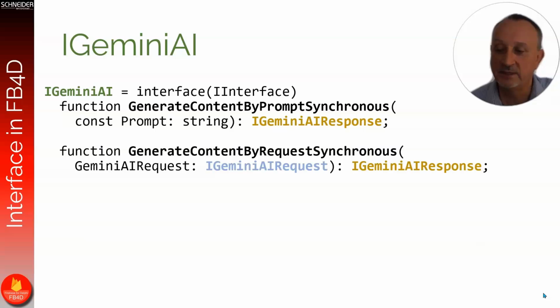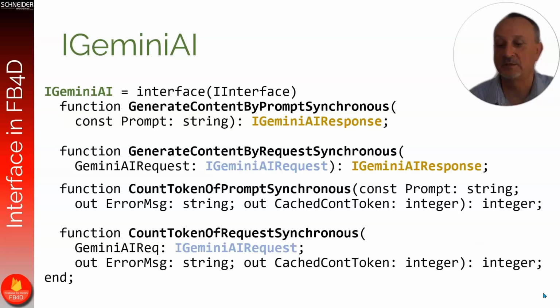We will see this on the next slide when I explain that interface. And the two count methods allow to check what a question of the AI costs. To know the cost of the answer, I need to first start Gemini AI, but I can limit the maximum tokens that will be generated.